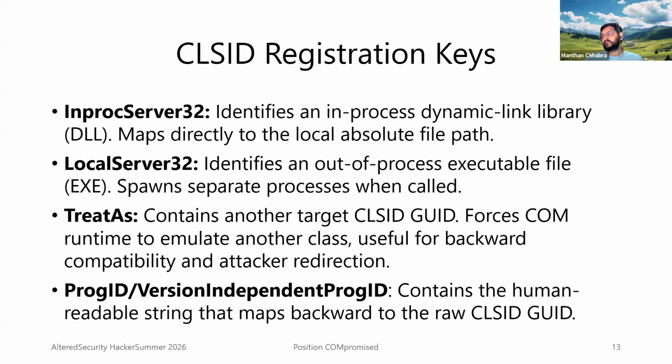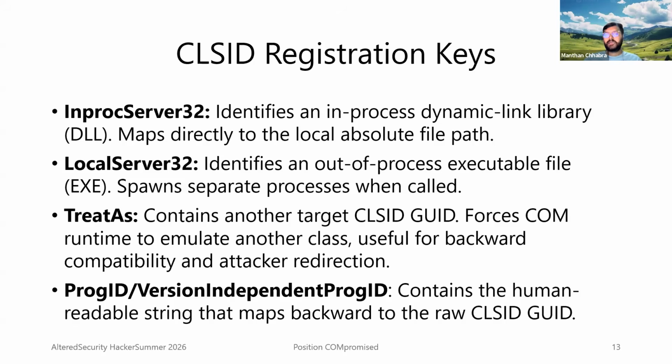To make it a little easier to understand, the TreatAs value points one CLSID to another CLSID. For example, I have a COM class hosted on the A1, A2, A3 GUID, something like that. I can set the TreatAs key for that GUID and point it to, for example, the B1, B2, B3 GUID.